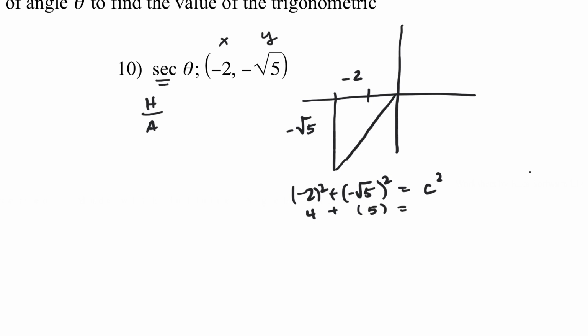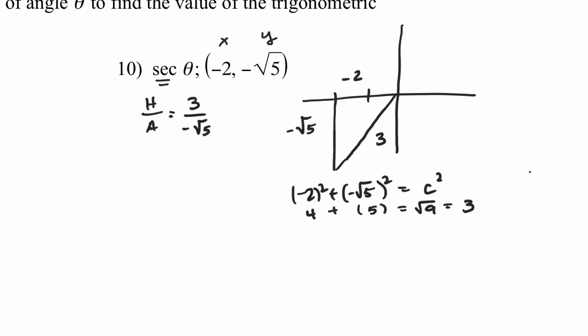So we're going to get the square root of 9, which is 3. So positive 3 there. I want to make sure that I have a number that's definitely larger than the other two, and you'll find out that the square root of 5 and 2 are both less than 3. So I'm going to write this down now. So we have the hypotenuse of 3 divided by negative root 5.